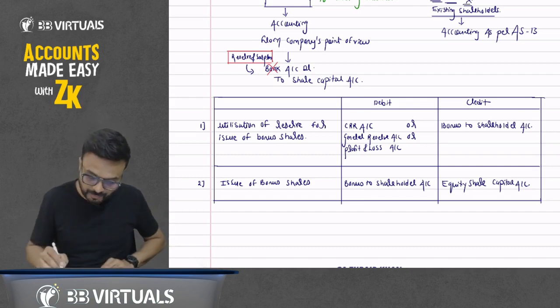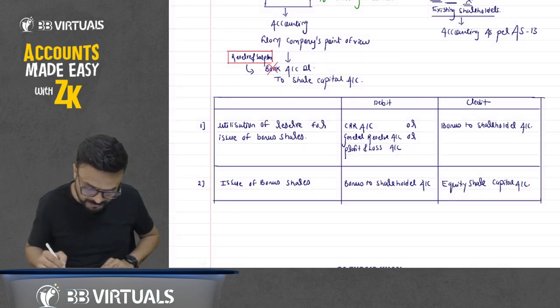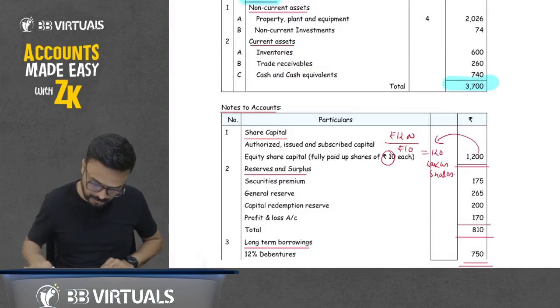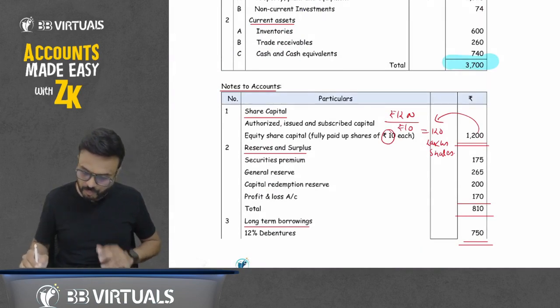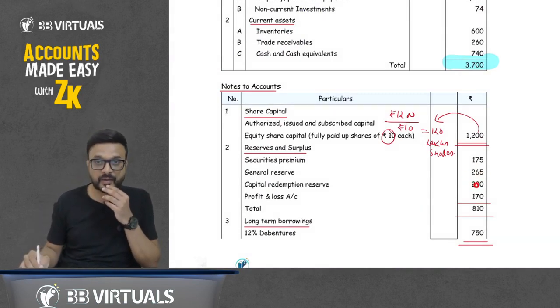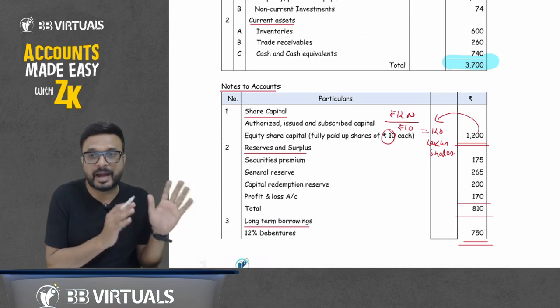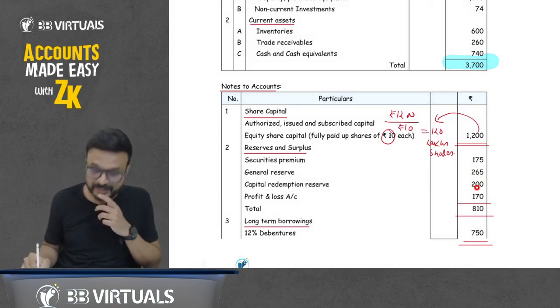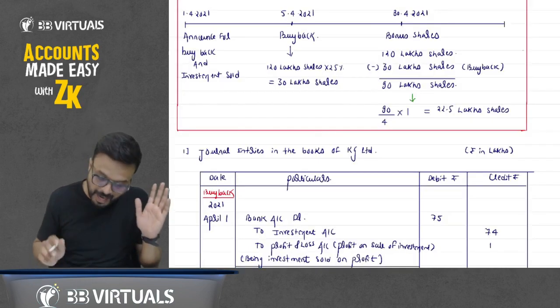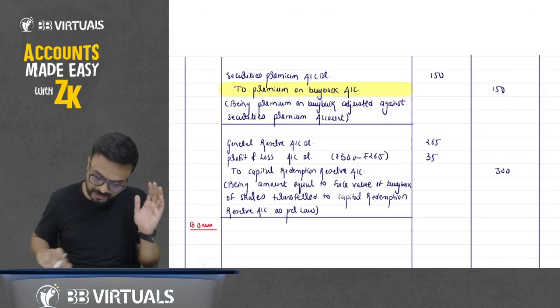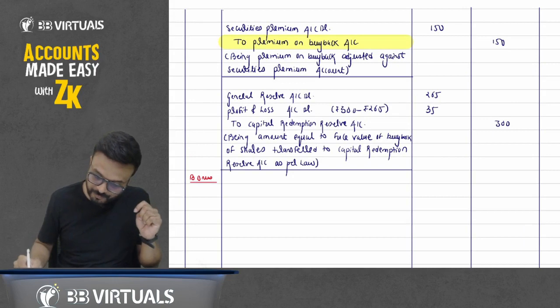Okay, so do we have a balance of 225 in the CRR account? Yes, we already have a 200 balance in the CRR account, which means in the past you have done some buyback. So in the past you had 200 in your CRR account, and here you have also transferred 300.